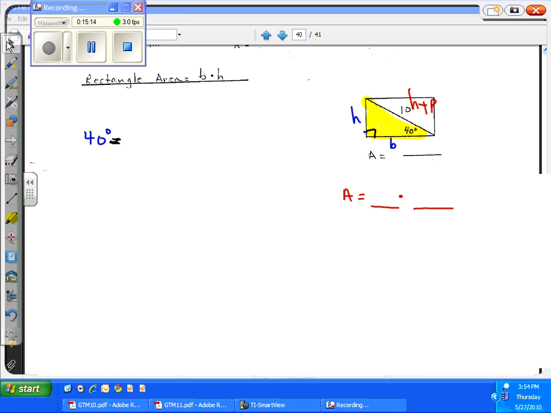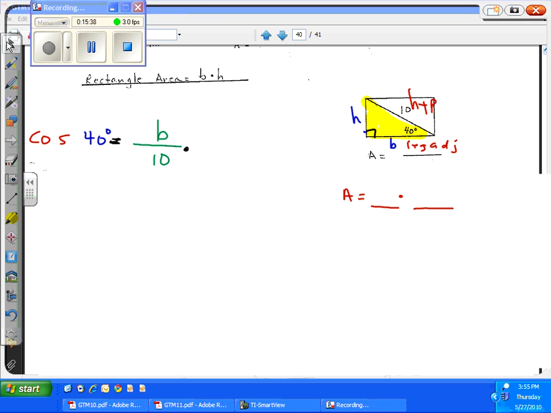Let's say we want to find the base first. The base is the leg adjacent to the 40. Leg adjacent hypotenuse is cosine. So we have cosine 40. Cosine says you put leg adjacent B over hypotenuse 10.